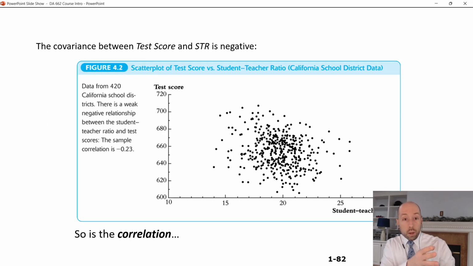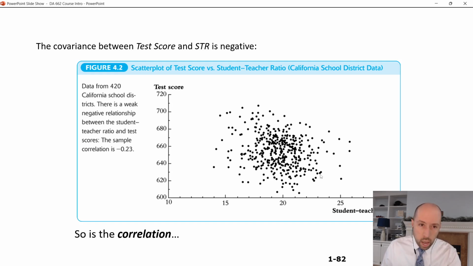So I'd go out on a limb and look at this and say, the correlation is going to be negative because I see lower test scores over here for the high student-teacher ratios and higher test scores over here for the low student-teacher ratios. I see a downward slope. But I think it's going to be negative, not that close to -1, because there's a lot of variation here.